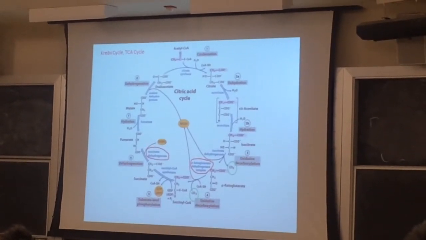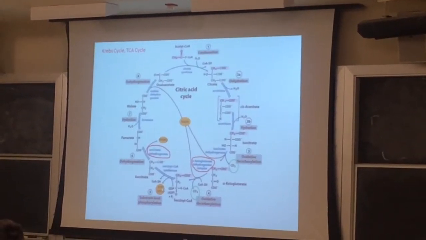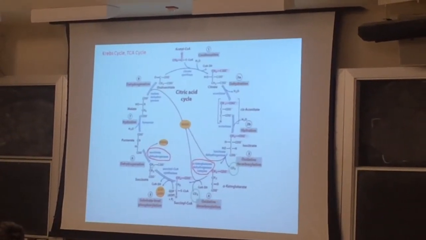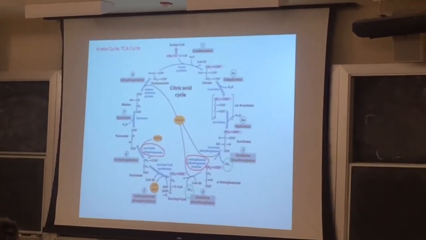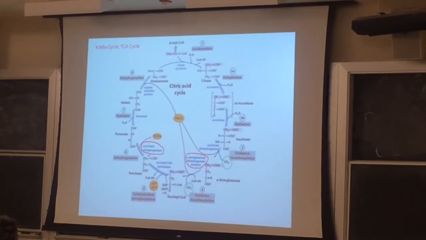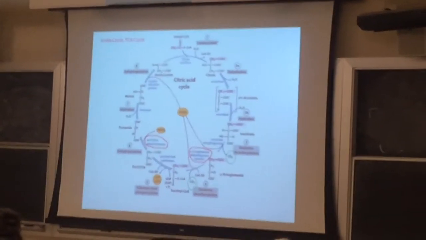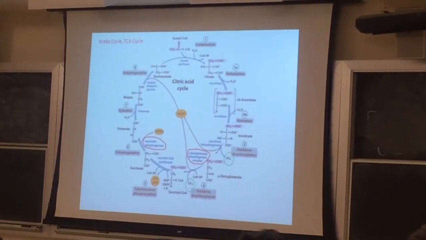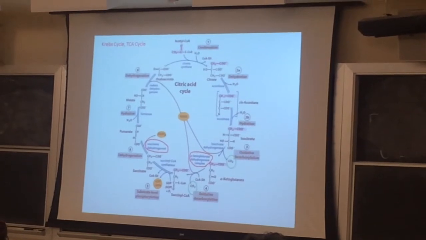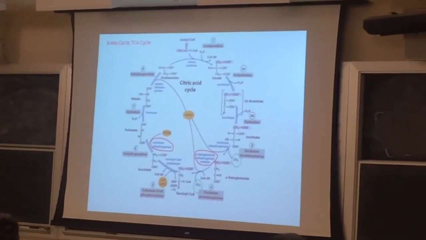Now the next thing to say is that once you've made this GTP and you form this symmetrical molecule succinate, the next enzyme, as far as we currently know, which I'm sure is wrong to some extent, but what we can prove, is succinate dehydrogenase, the only enzyme in the entire cycle that's embedded in the inner membrane.